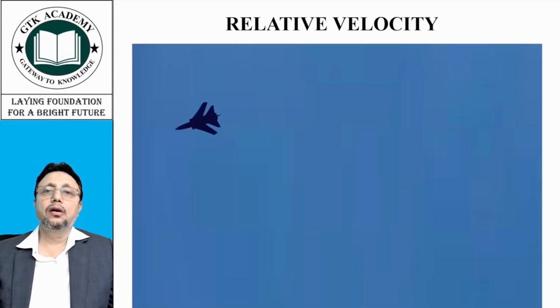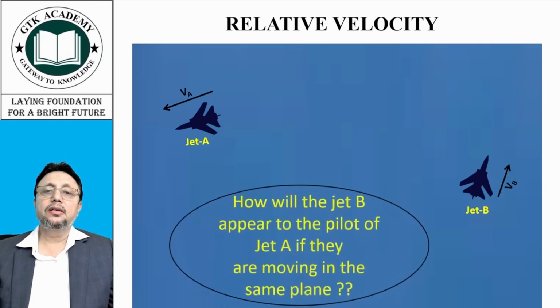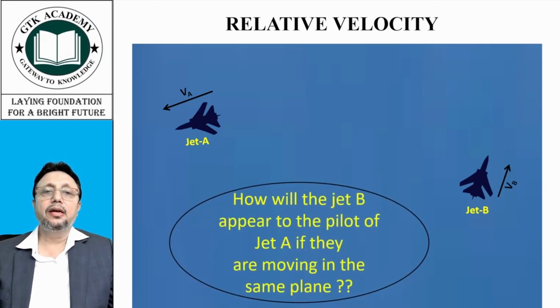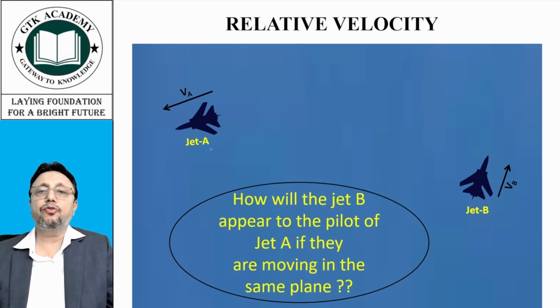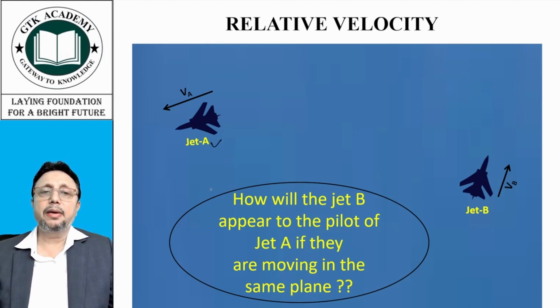Or if a jet A is going in this direction with a speed VA and another jet B with a speed VB, my question is, how will the jet B appear to the pilot of jet A if they are moving in the same plane? Because here we are concerned with relative velocity in two dimensions.